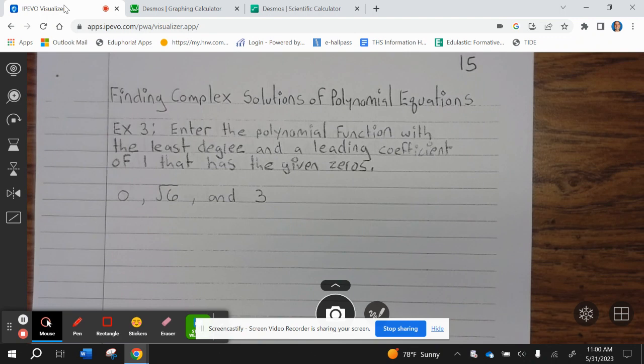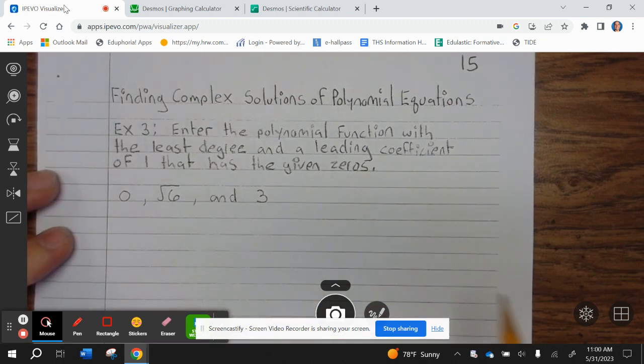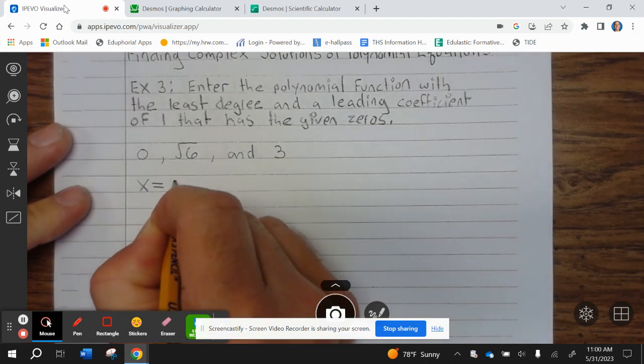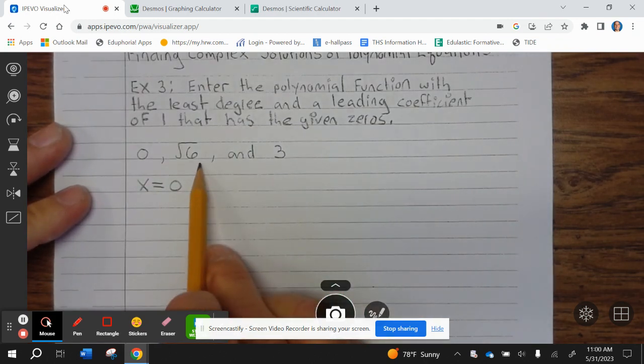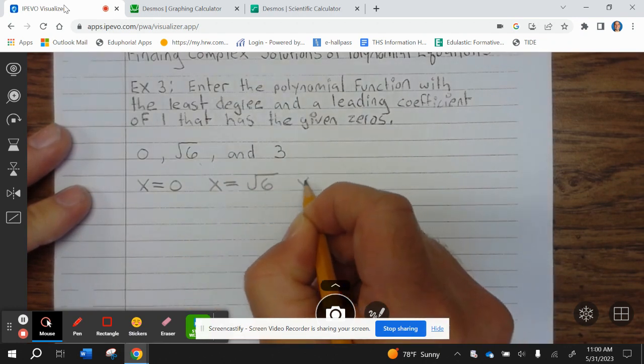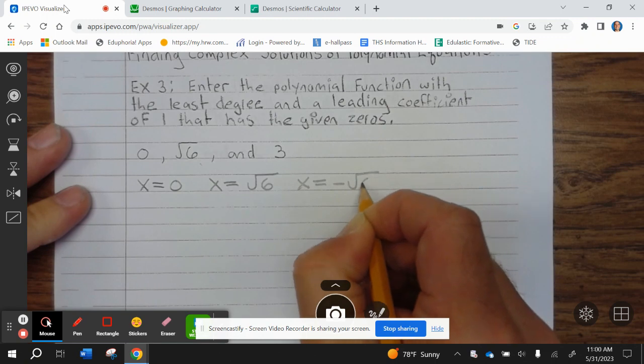All right, example 3. Enter the polynomial function with the least degree and a leading coefficient of 1 that has the given zeros. So here we're working backwards. We're given the zeros, we want the equation. So we know that x equals 0. Now, if we're given square root of 6, we know that x equals a positive square root of 6, but we also know it equals a negative square root of 6.